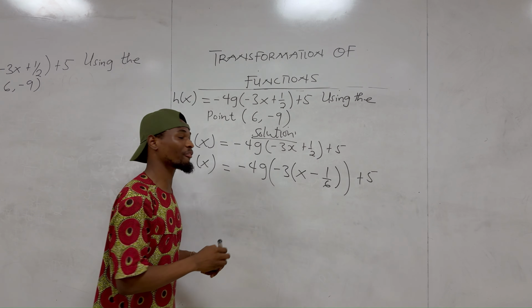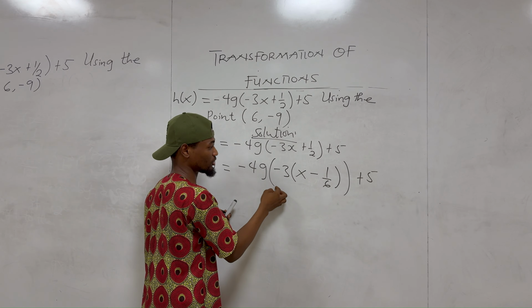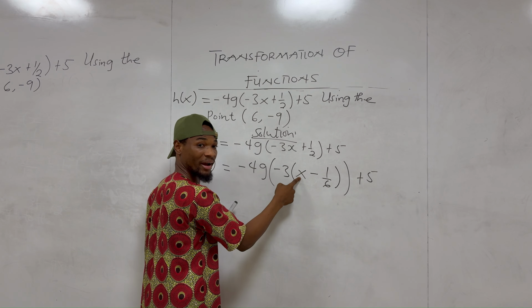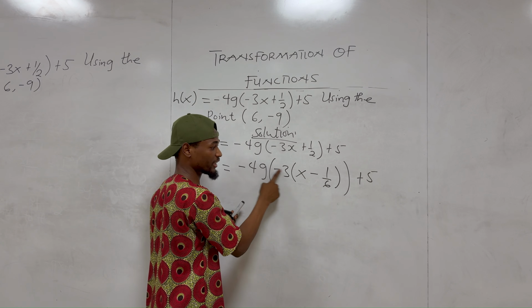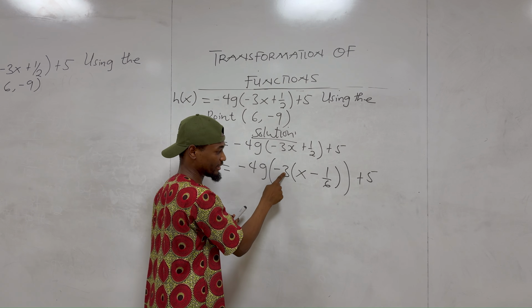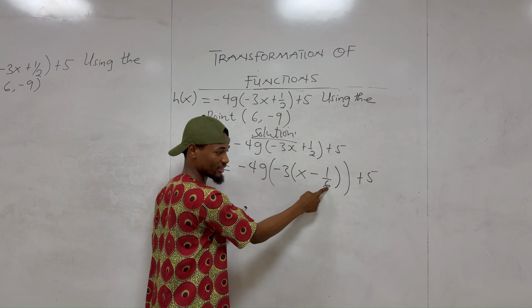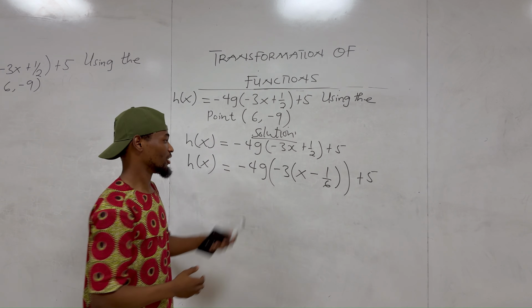Let's see if the factorization is correct. I factored negative 3 out. So negative 3 by x gives negative 3x. So this is correct. Negative by negative gives positive. That's correct. Then 3 divides 6 2 times, so I have 1 on 2. That is correct.